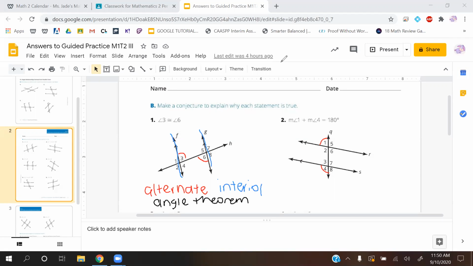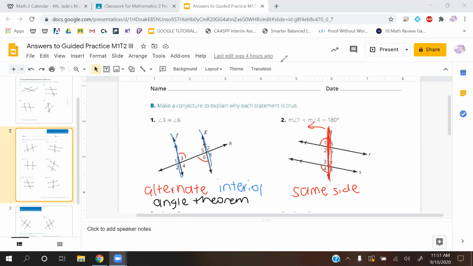So when you're determining that, you take a look at the transversal line. Are they on the same side of it? Are they both on the left, or is one on the left and one on the right? They're both on the same side, yes. They're both to the left of this red bold line.